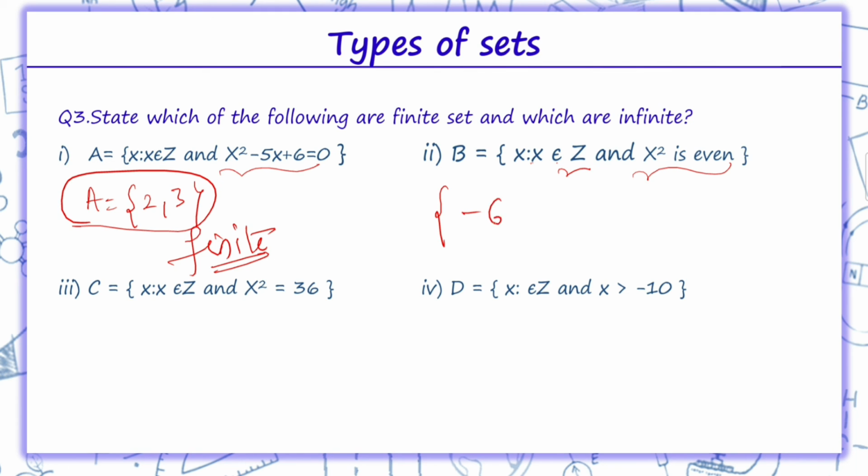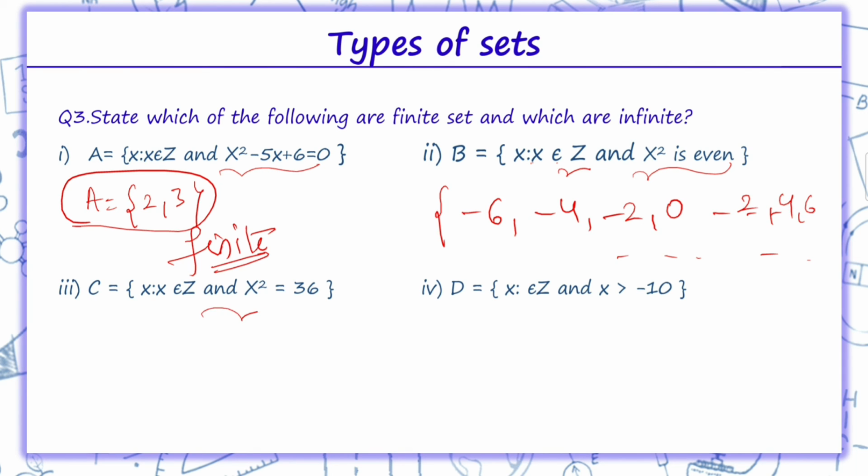So we can write minus 6, minus 4, minus 2, 0, then 2, 4, 6. There are a lot of elements like this which fall in this category. So we cannot count them. Therefore they are known as an infinite set.